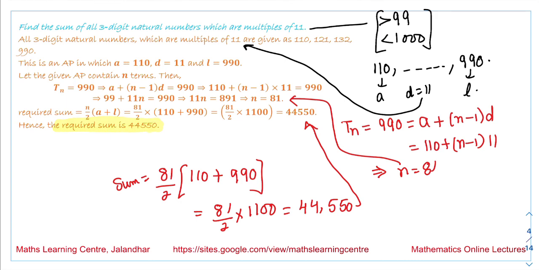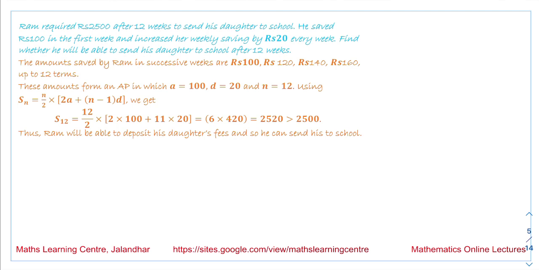So the required sum is 44,550. Next: Ram requires rupees 2,500 after 12 weeks to send his daughter to school. He saved rupees 100 in the first week and increased his weekly saving by rupees 20.